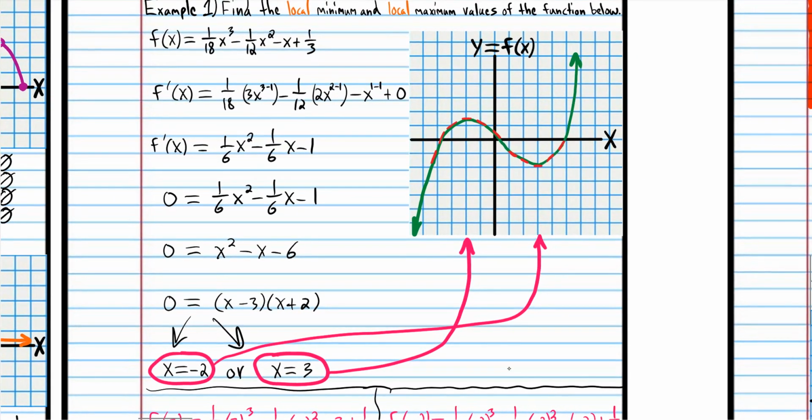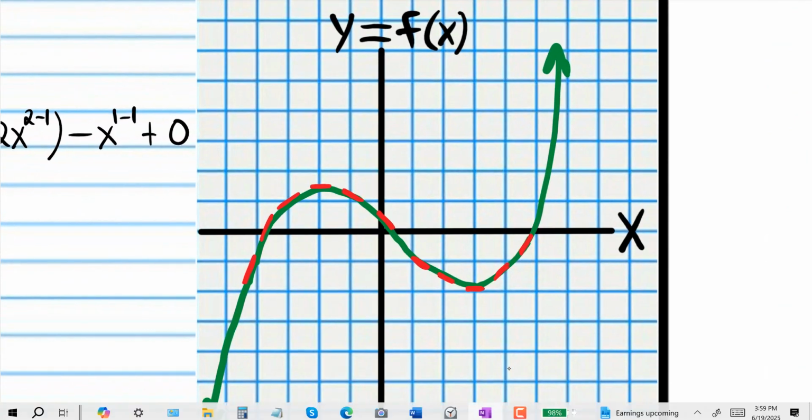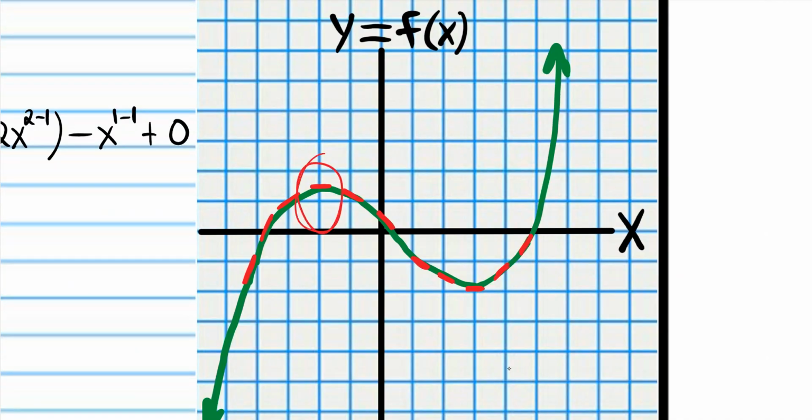So this is how calculus is used to find the locations of maxima and minima, and we can also find those y values if we plug in these x values into the original function. So we used calculus to help us figure out where this maximum value occurs.